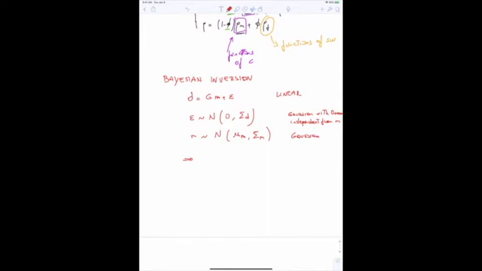Now, it turns out that m given d, which is the solution of the Bayesian inverse problem, is also Gaussian. So m given d is distributed according to a Gaussian distribution with conditional mean and conditional covariance matrix.